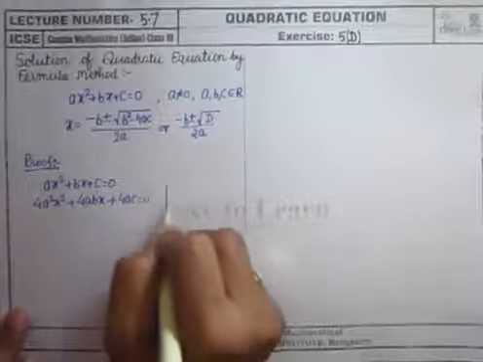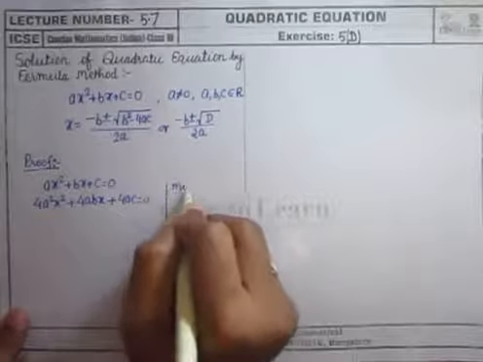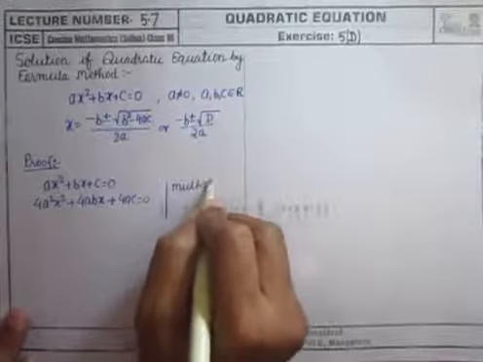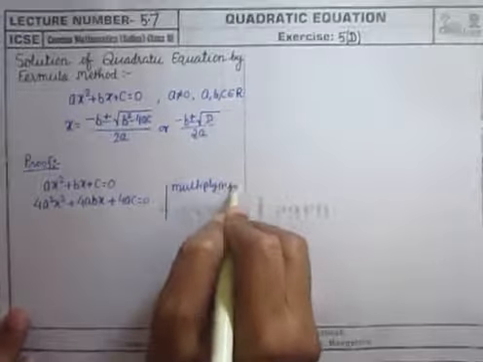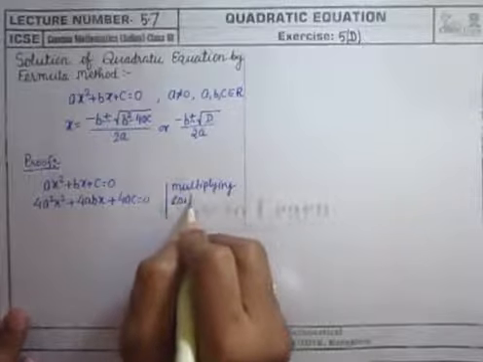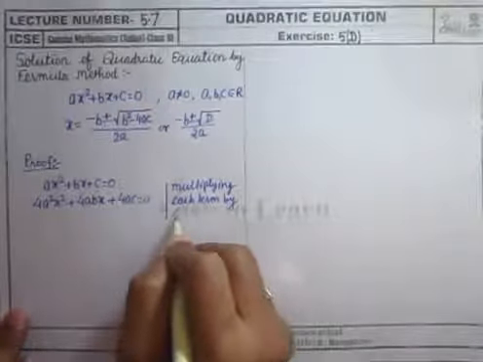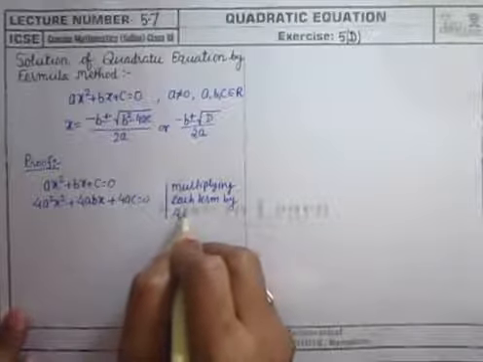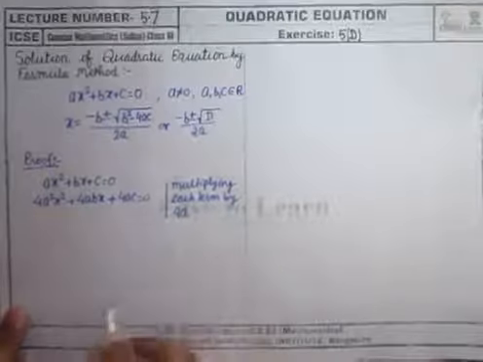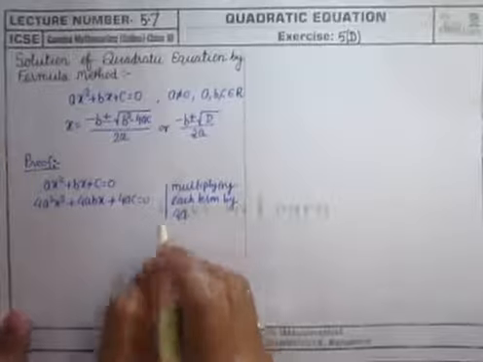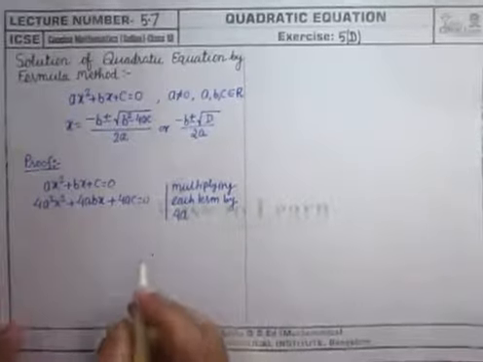What have we done here? Multiplying each term by 4 times the coefficient of x square. This is called the Sridharacharya technique to convert this into a perfect square.